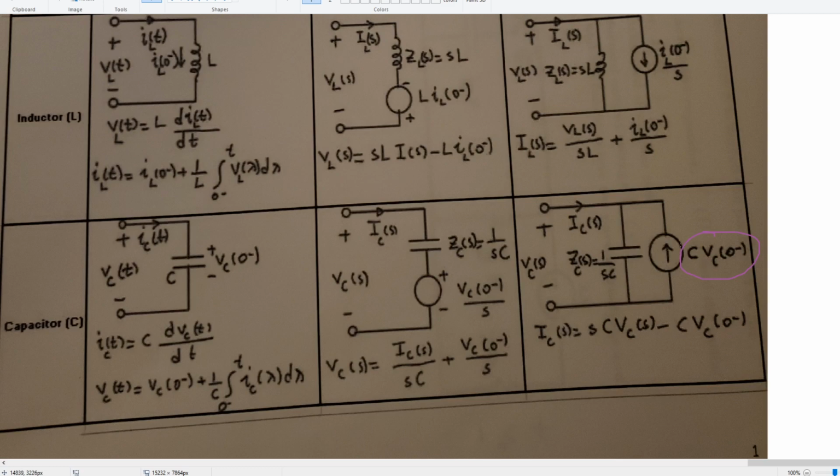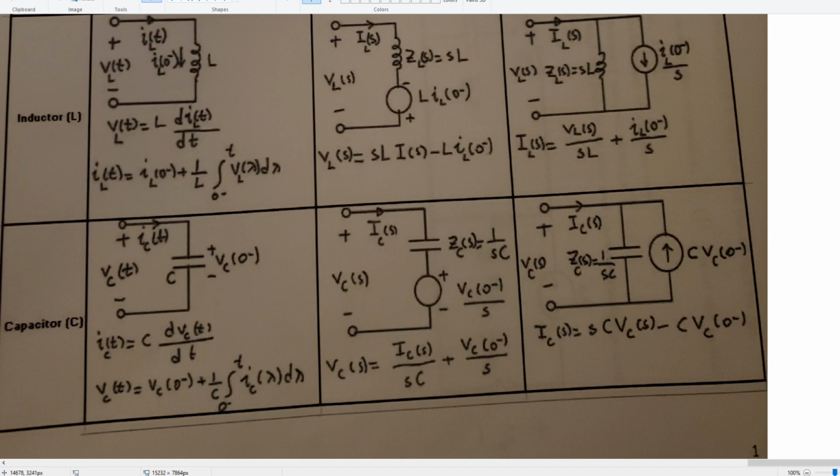And it also tells you which direction to put it in. For the capacitor, it points up. For the inductor, it points down, right? So just remember that all the time. This is a very important sheet to know, and it's a little bit complicated because there's a whole bunch of stuff going on. Maybe he'll give you an equation sheet during the test, hopefully. But this is very important to know.